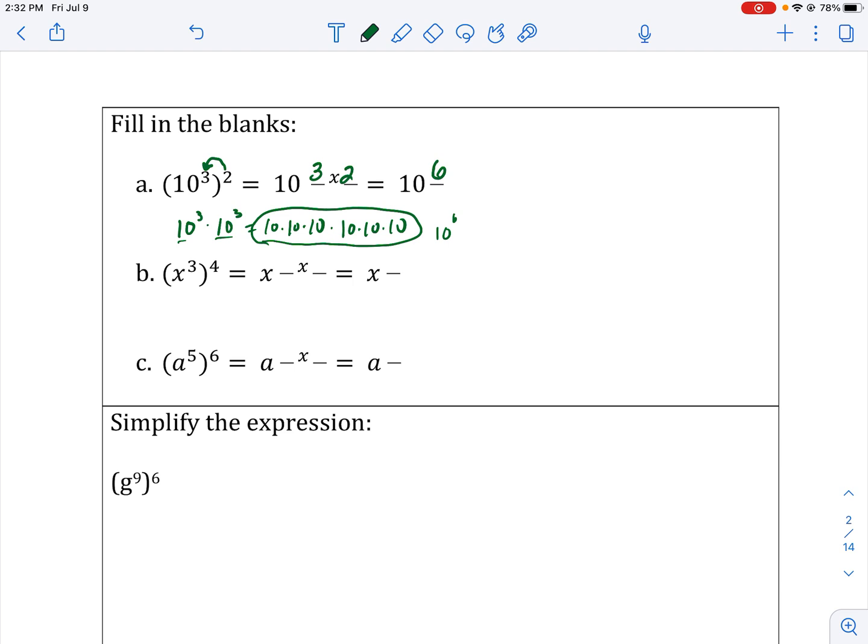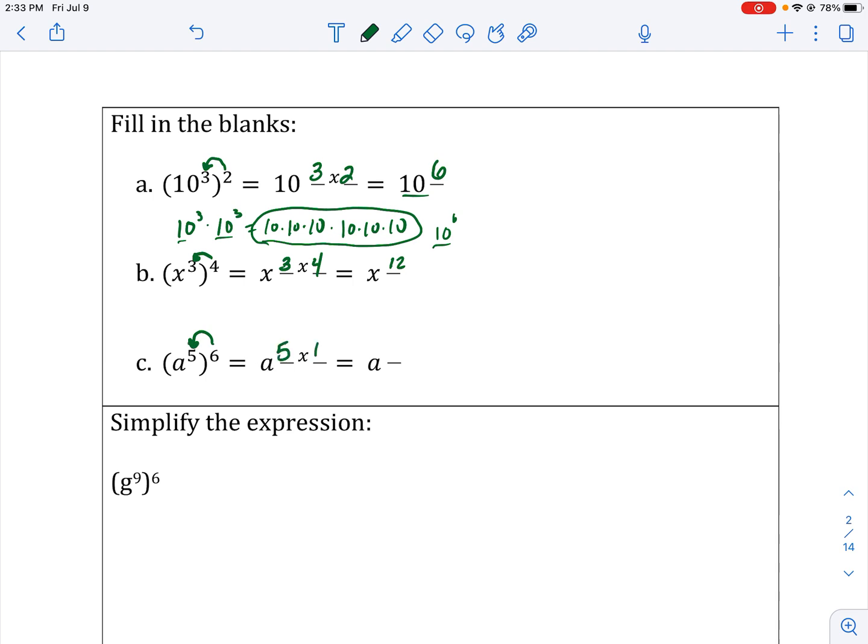So see how we got the same answer either way we did it? Again, you can do these either way. Again, a power to a power here. It's like we distribute our exponent, and when we distribute, we multiply. So here I have x to the 12th. Right here, same thing.